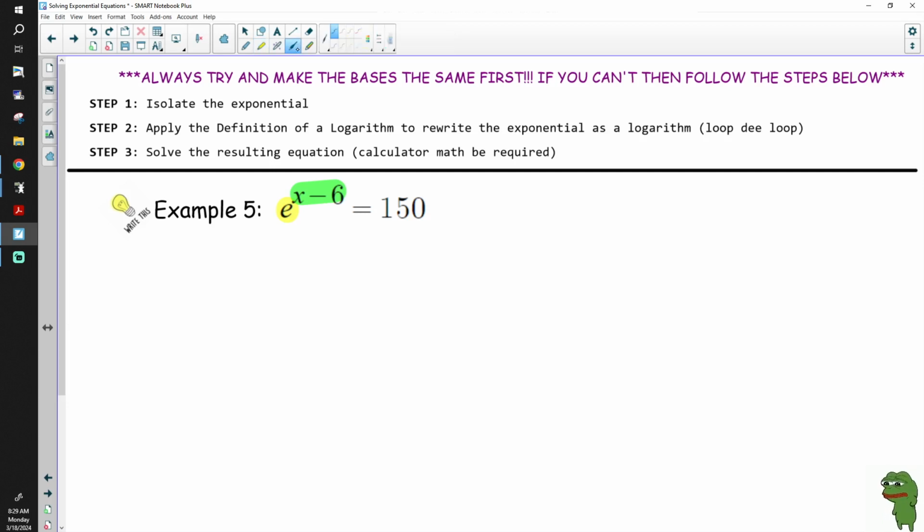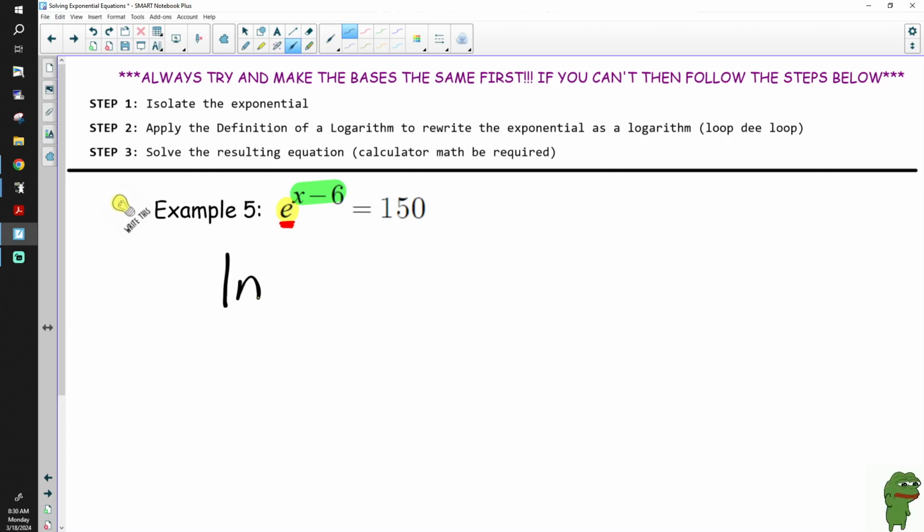So starting with the base, what type of ln will e turn into? What type of log? Like the last one, 7 turned into log base 7. Natural log. Yeah, the natural log, ln. So e is going to become ln. Okay, e special. A log with base e becomes the natural log, or ln.